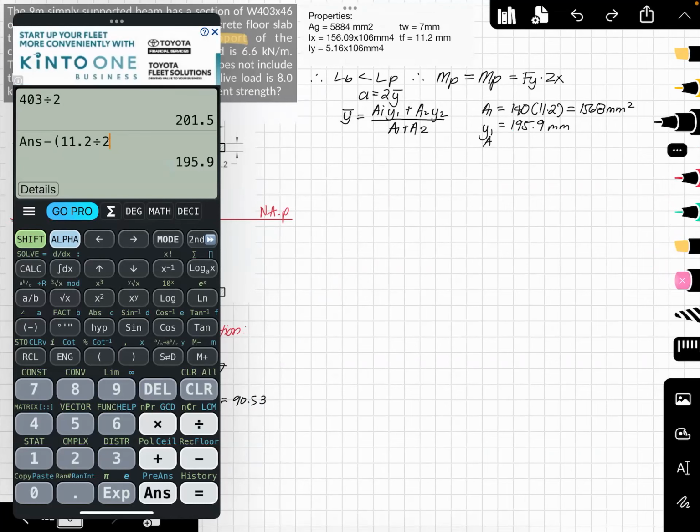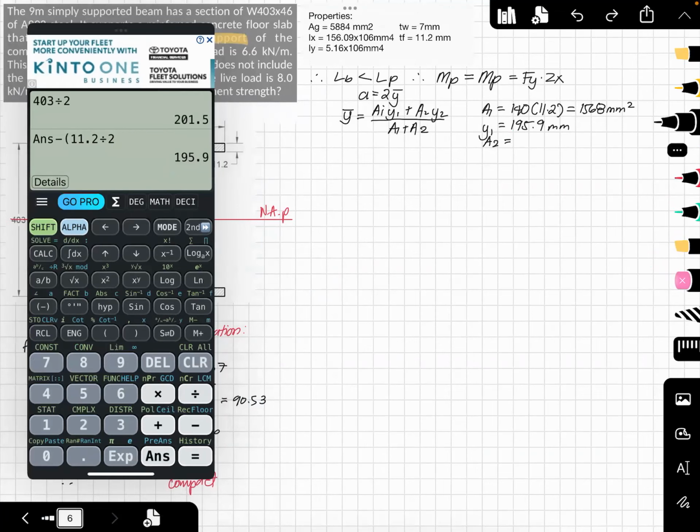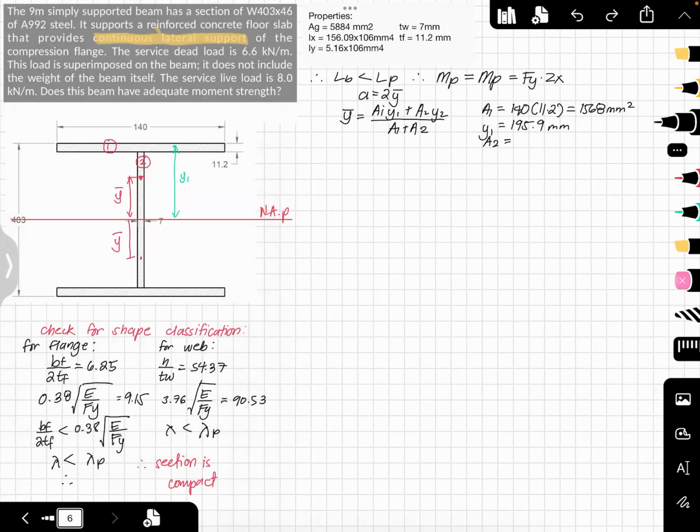Area 2 naman is equal to, so highlight tuloy natin. So this is area 1, and this is area 2. So palitan natin ang color. So, area 2.